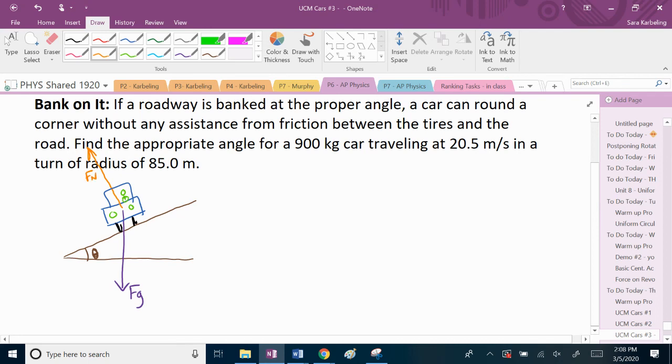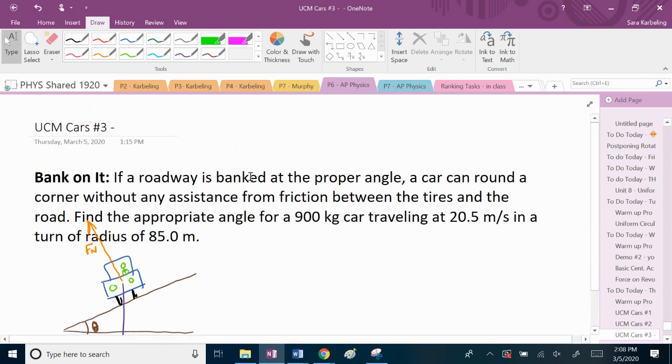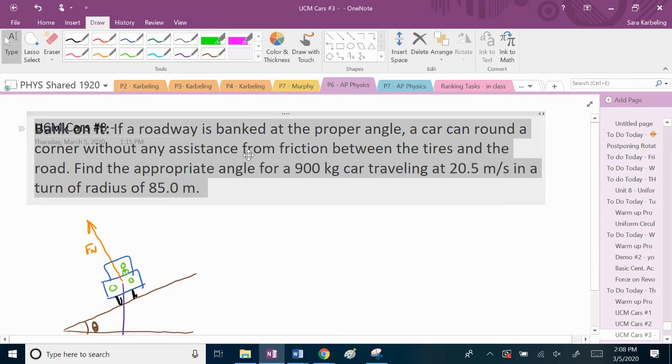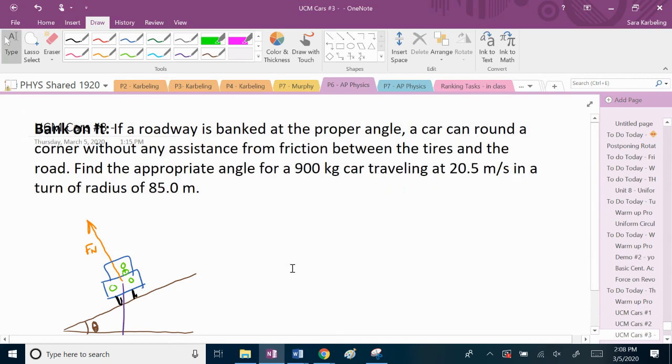Okay, now, every other time that you have done a ramp problem, we always break FG up. You remember this? Break FG into its parallel and its perpendicular parts. Okay, not today. We're going to switch it up because this car is moving in a circle, and the circle that it's moving in goes this way.